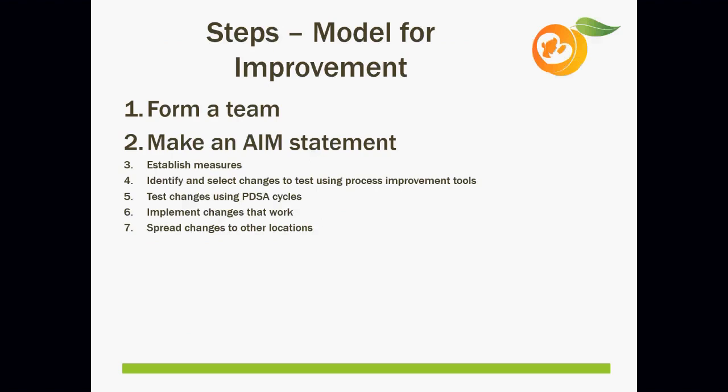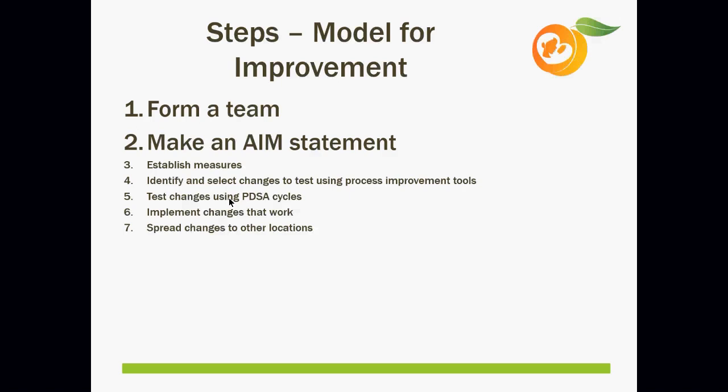But I just wanted to emphasize the objective of forming a team is to have a committed group of people in the system, so in each person's system, who will collaborate and work together to achieve the aim or the goal.